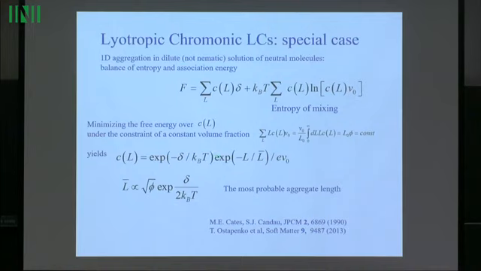If you minimize this expression using the constraint of a constant concentration of the molecules, you would find that the distribution of length is very broad, and there is some mean value of the length of the aggregate that is proportional to the square root of concentration or volume fraction, and exponentially depends on the sticking energy delta.